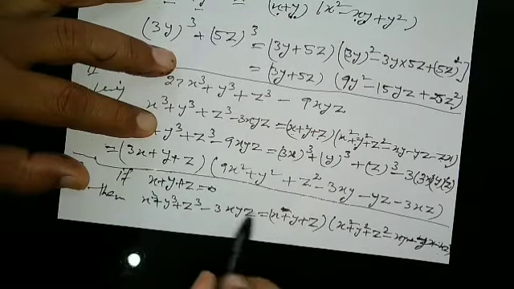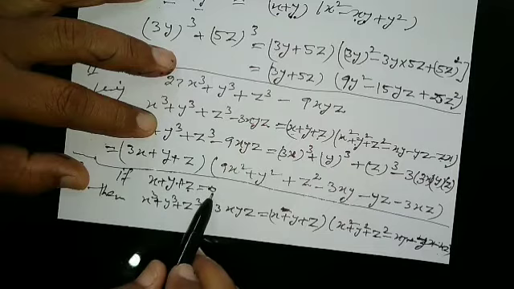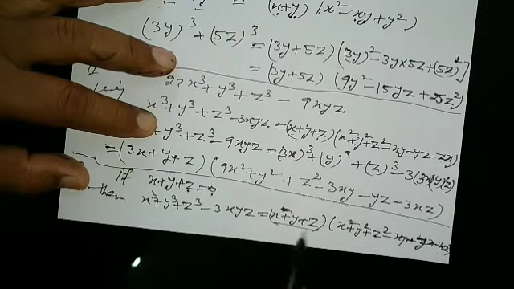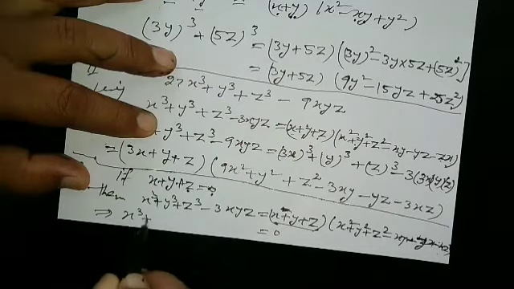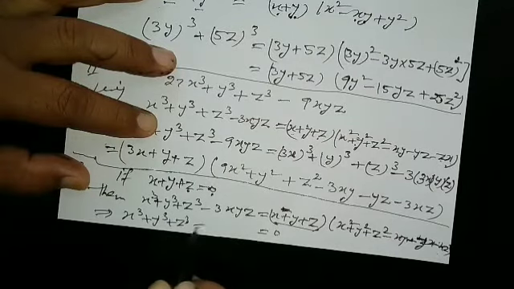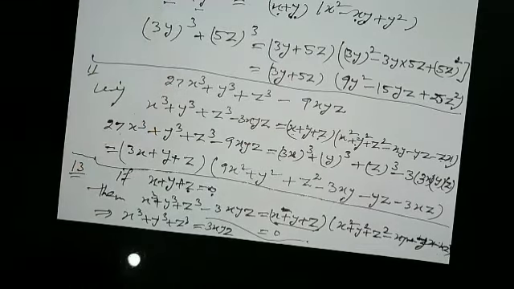And as we have given x plus y plus z equal to 0, this term whole is 0, and you will get x cube plus y cube plus z cube equal to 3xyz. Okay, easy.